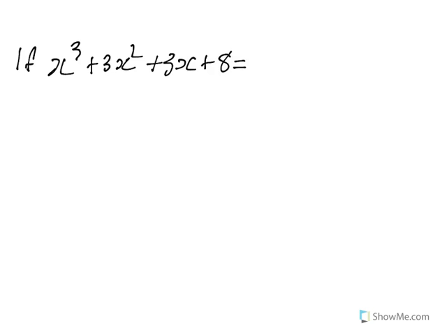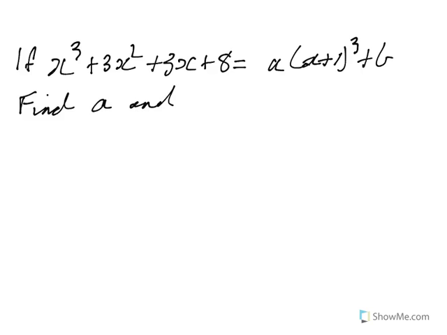So let's have a look at an example of what we might mean by that. For example, if x cubed plus 3x squared plus 3x plus 8 is equal to a times (x plus 1) cubed plus b, and we want to find a and b.